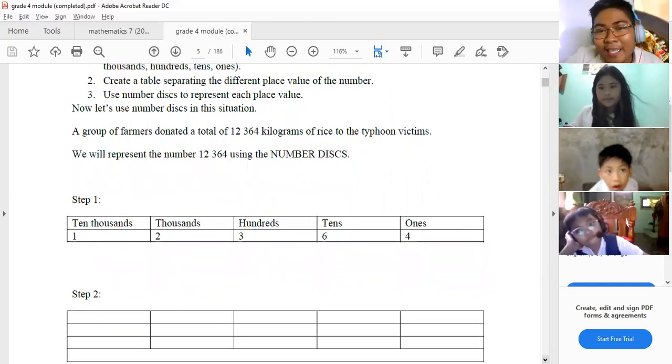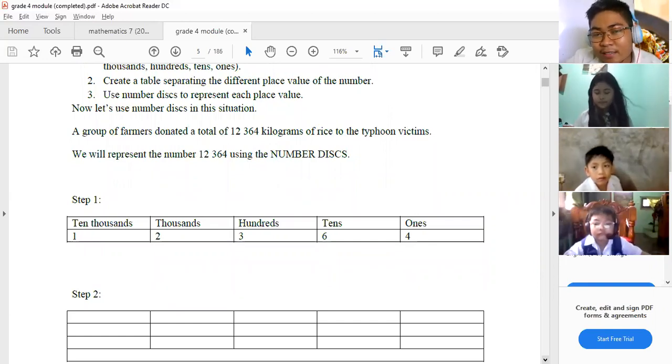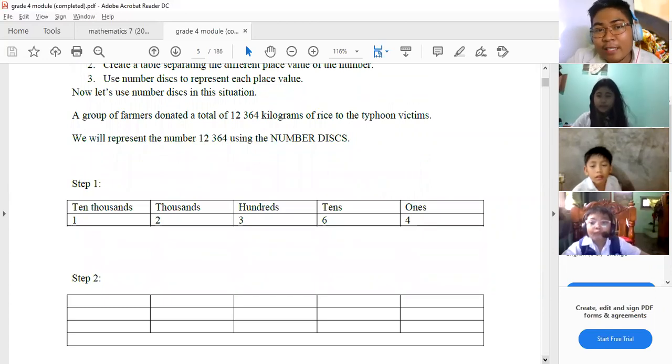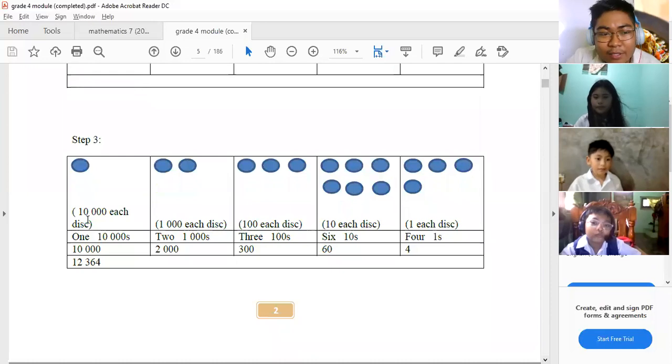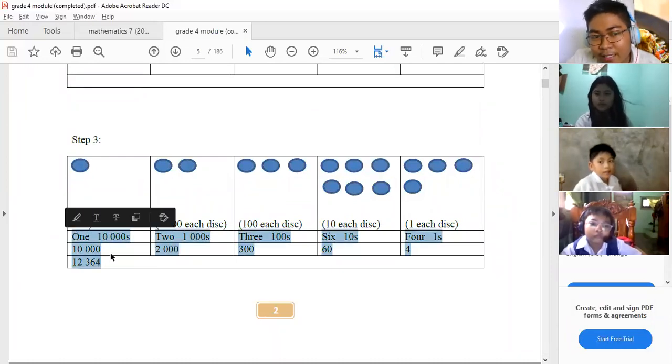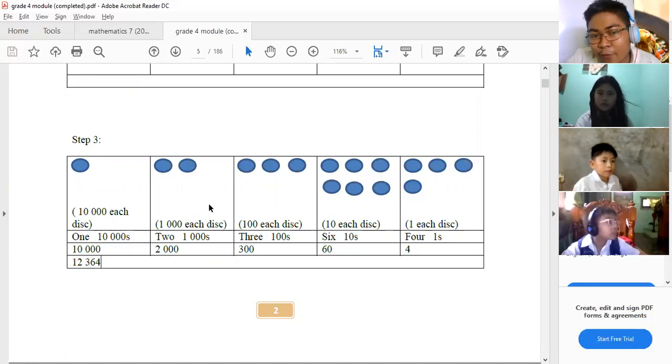Every year, that's what you do: you create a representation of the value. For example, 1 disk is for 10,000, so its value is 10,000. 2 for thousands, the equivalent is 2,000. 3 for hundreds, that is 300.